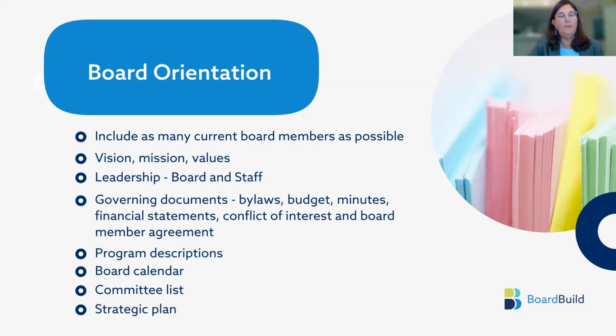Leadership, you will want to introduce either personally or at least by reference the board leadership and the staff leadership, and you'll have all the governing documents available to them, maybe through a link to a board portal or to a Google Drive, a shared drive somehow. But the governing documents to include bylaws, budget, minutes, financial statements, the conflict of interest policy and the form that they'll sign, and the board member agreement.